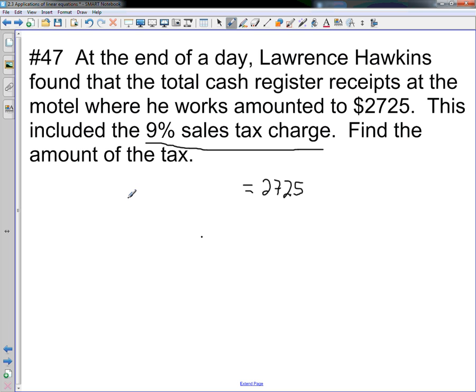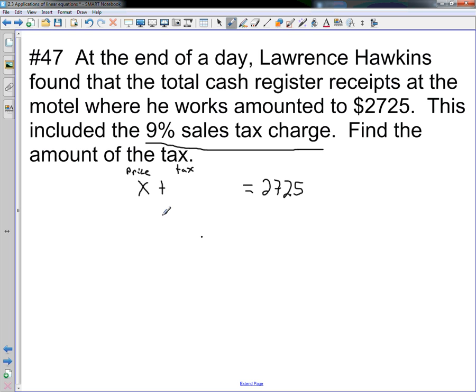Okay, so when we buy something, remember it's going to be the original price plus however much sales tax there is. So to write that, our original price for the value, unknown. We don't know how much was originally sold. But we do know that whatever was sold had a 9% sales tax on it. So after the original price, we're going to add the tax.